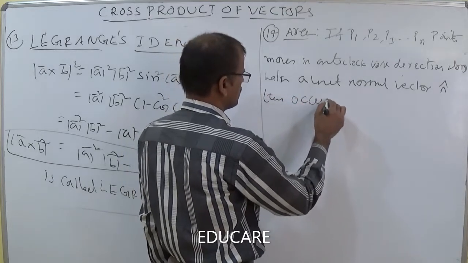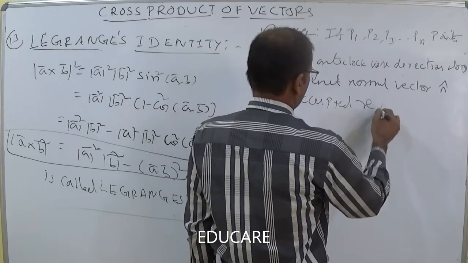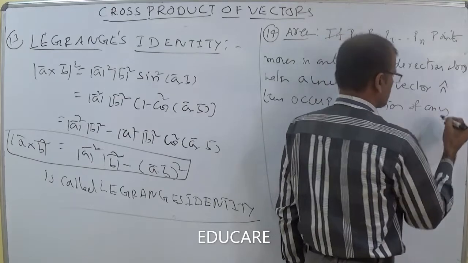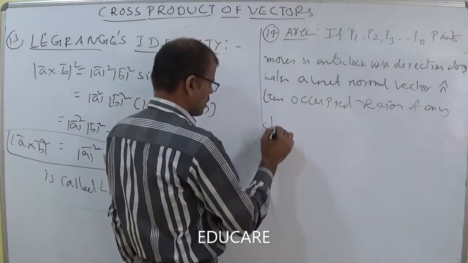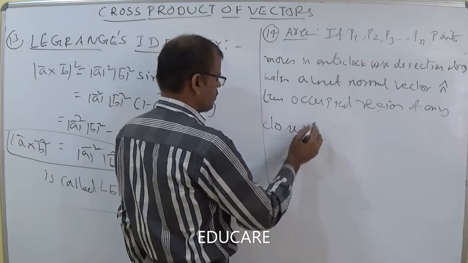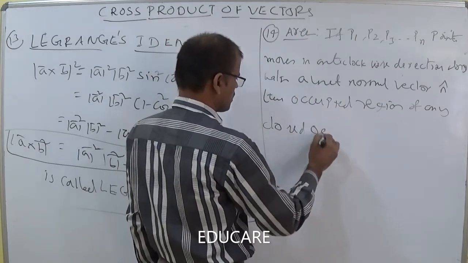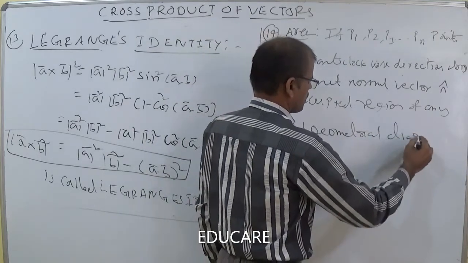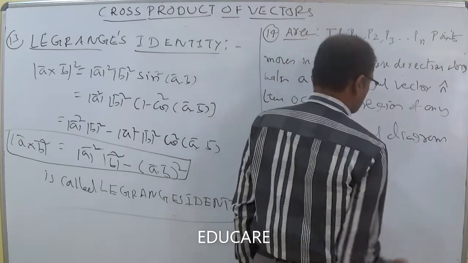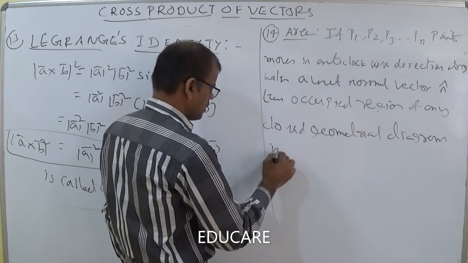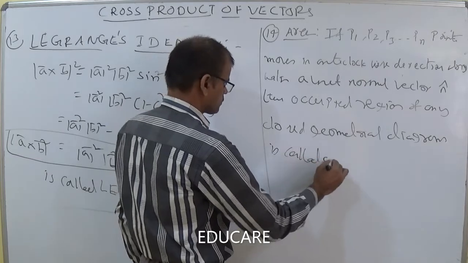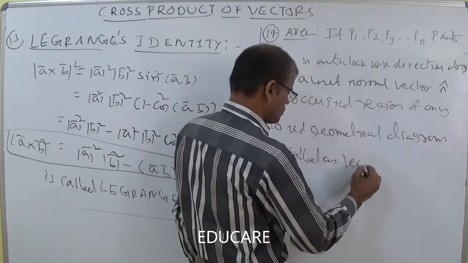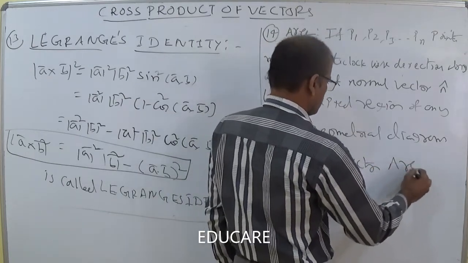the occupied region of any closed geometrical diagram, or any closed geometrical figure, is called a vector area.